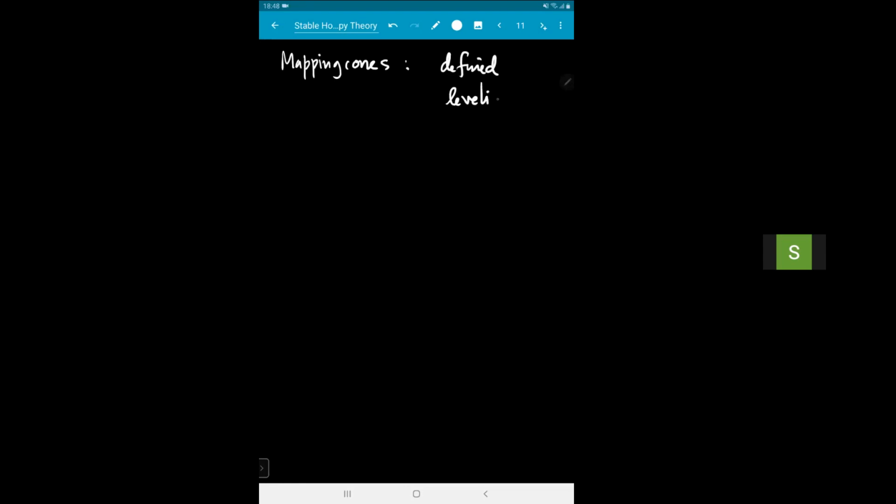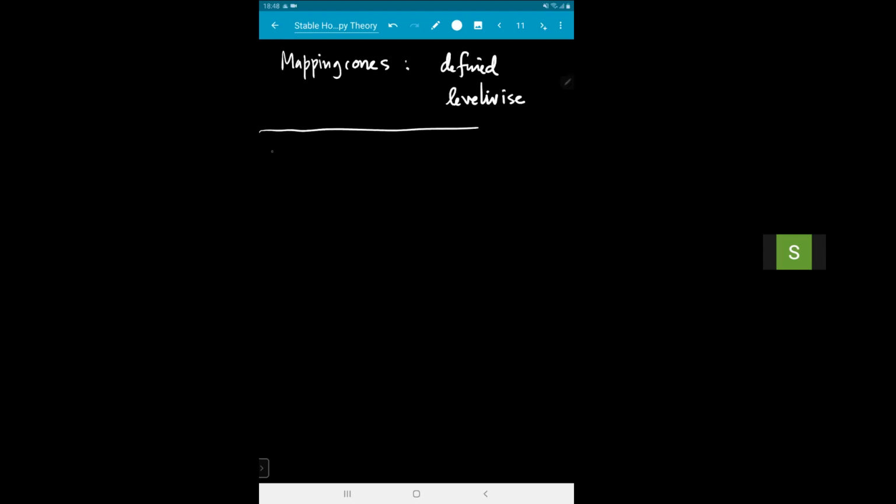If you have a map from X to Y, then the mapping cone is just the mapping cone at each level. A map from X to Y is a map from X_n to Y_n commuting with the structure maps. So if you take the mapping cone at each level, that gives you a spectrum.